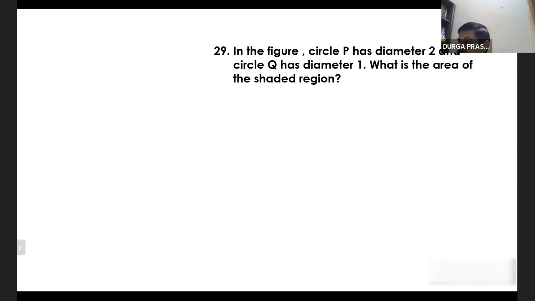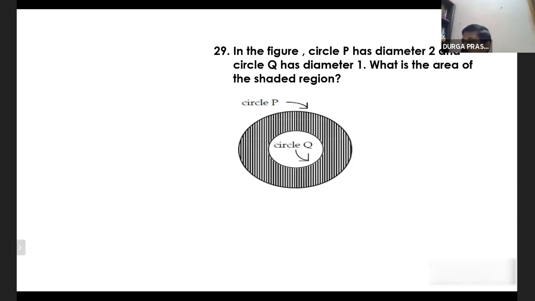In the figure, circle P has, let us go to the diagram, a diameter 2. That means the bigger circle's diameter is 2. So radius is 2 by 2, that is 1. And circle Q has diameter 1, so radius is half. Find the area of the shaded region. This is simple, children.